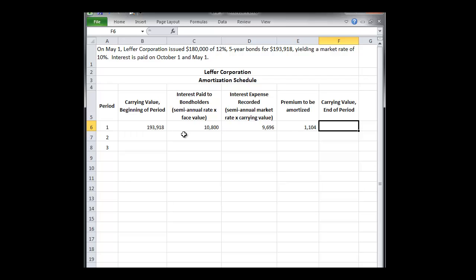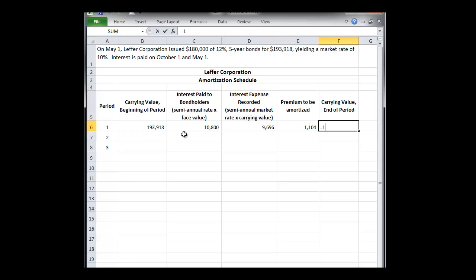Now the carrying value at the end of the period is the beginning of the period carrying value, and is the amortization subtracted or added? We're working with a premium, so that means it's subtracted. So this is the opposite of what we were doing in the example.